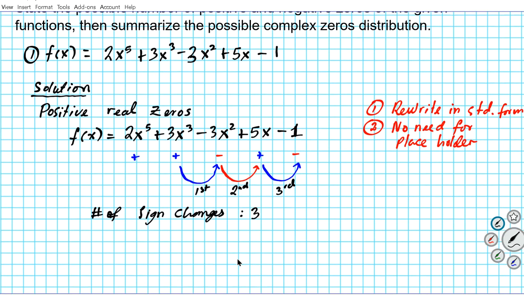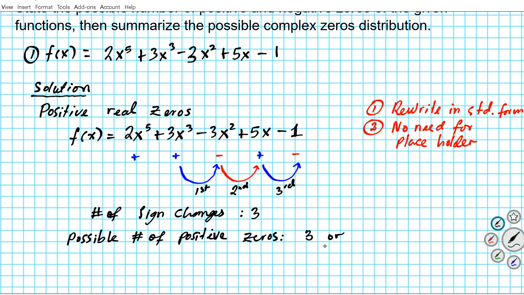Well, using Descartes' rule of signs, we can figure out the possible number of positive zeros. The possible number of positive zeros is going to be either the total number of sign changes, which is 3, or multiples of 2 less.